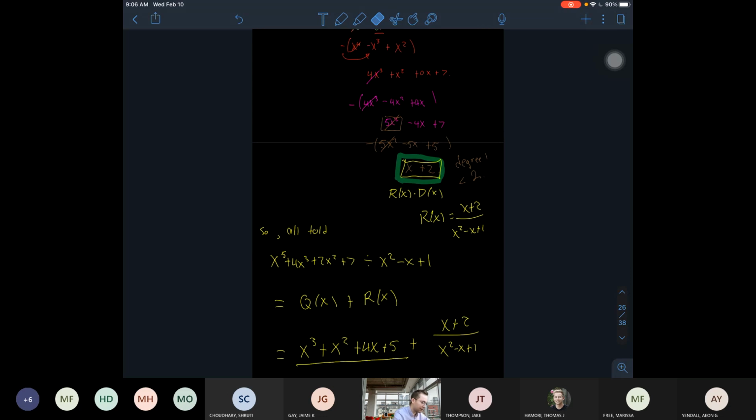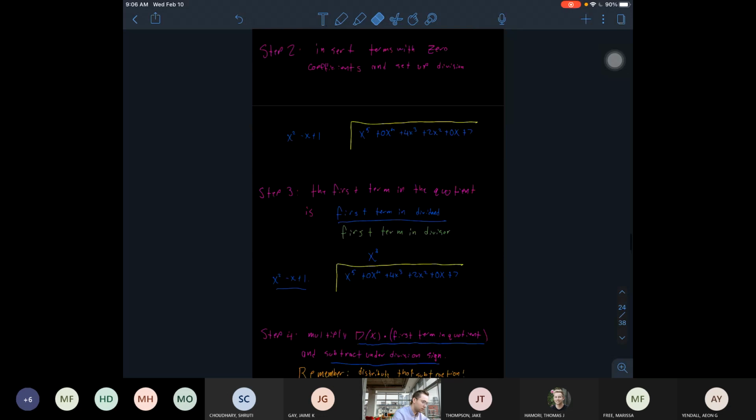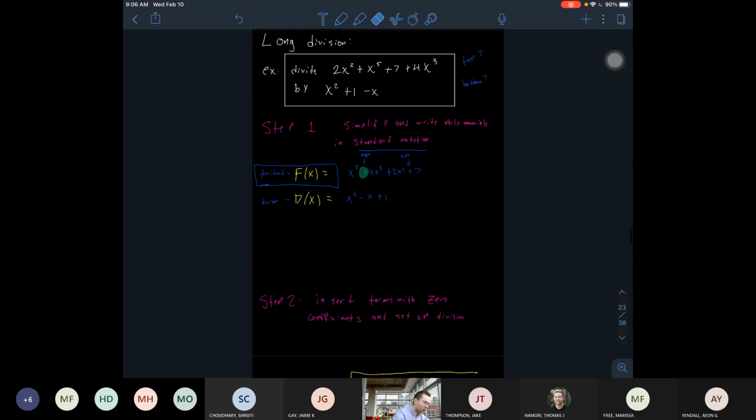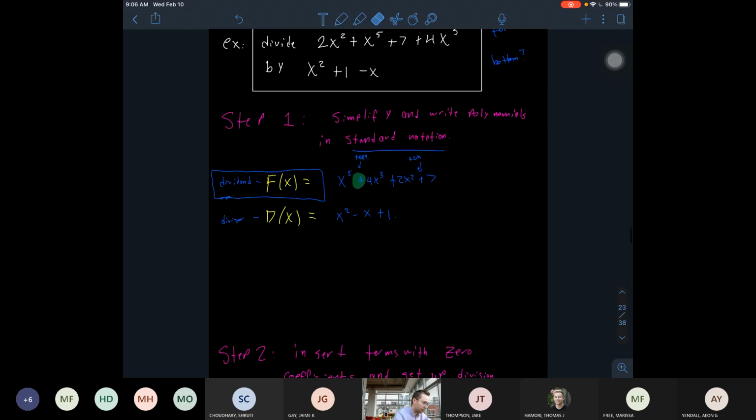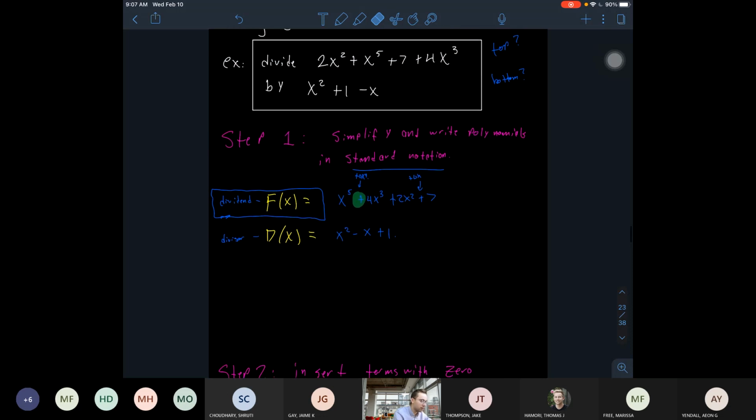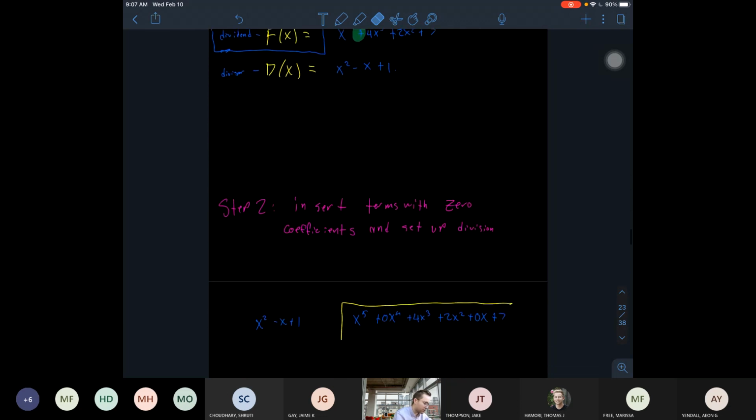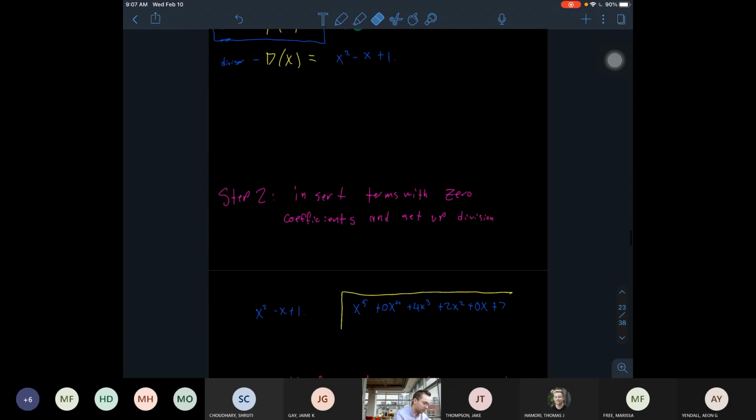So let me recap really fast and then ask for questions. Step 1 was to identify the dividend and the divisor and simplify them so that they're in descending order of powers of x. The next step was to insert terms with 0 coefficients and set up the division using our division sign, this yellow thing.